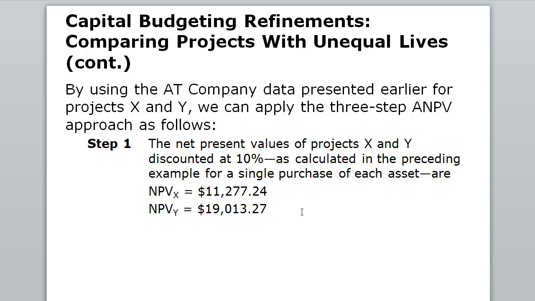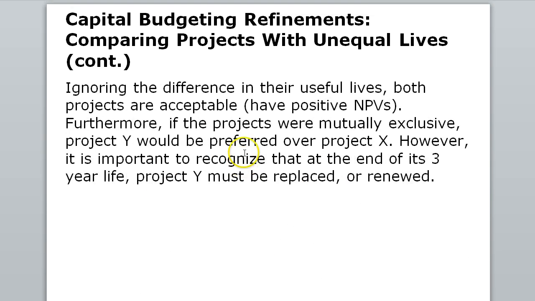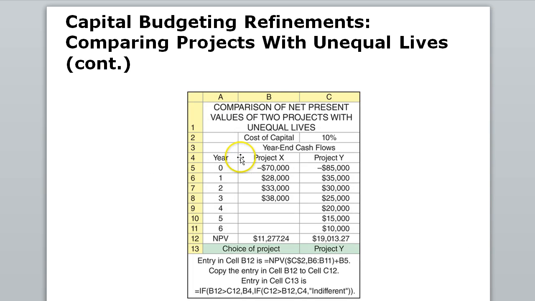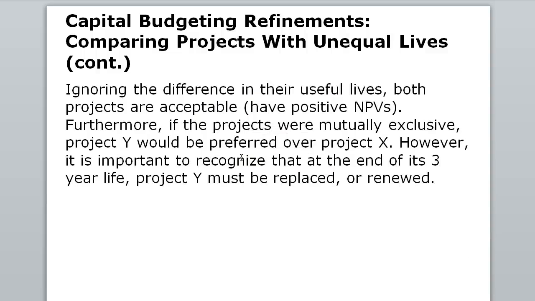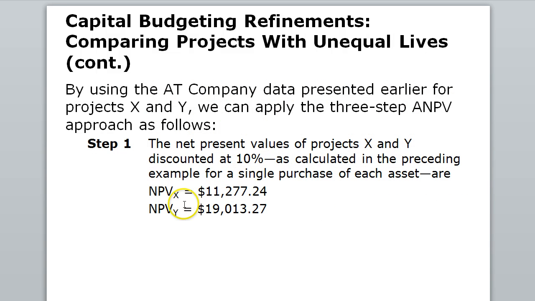The company data presented earlier for X and Y, which, remember, let's go back here. This is X and Y, and we had the net present values at 11 and 19. So that's where I get these numbers from.